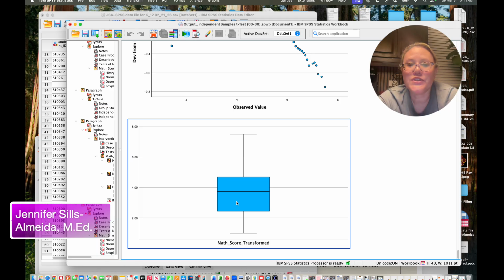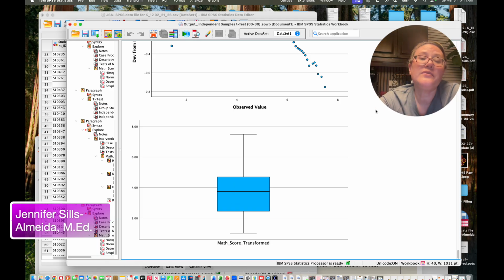Now what we're going to have to check for is the homogeneity of variance test, Levene's test. So we are going to need to do something a little bit different. We're going to pull up the independent samples t-test.